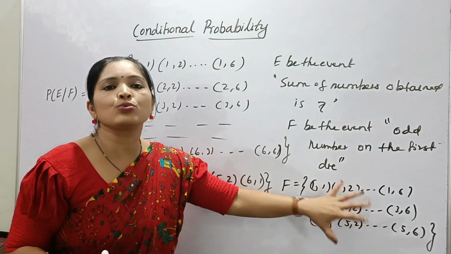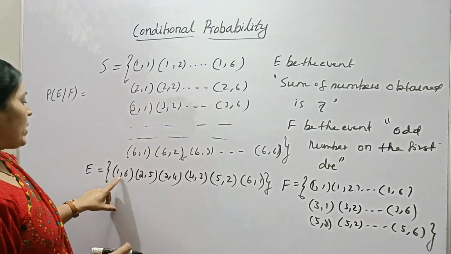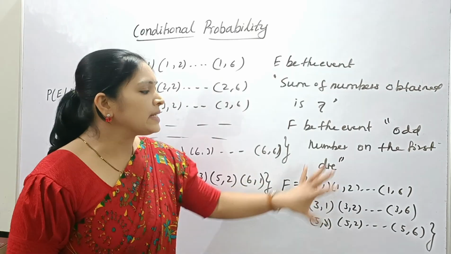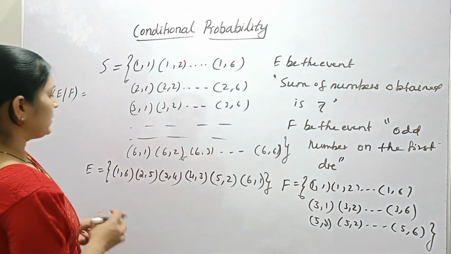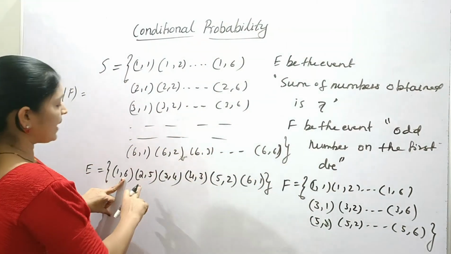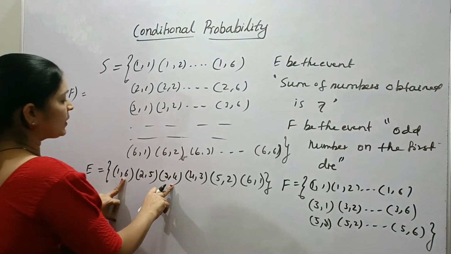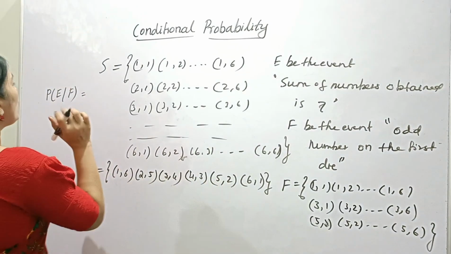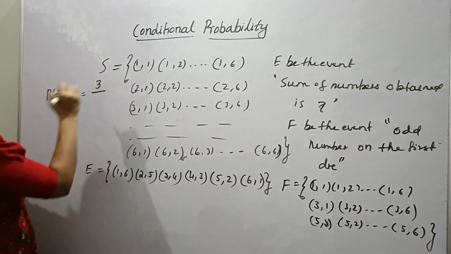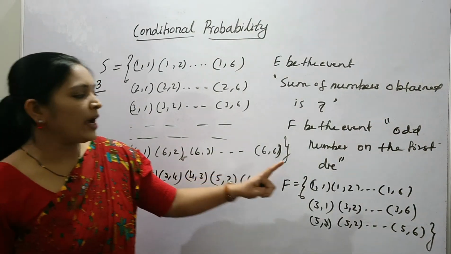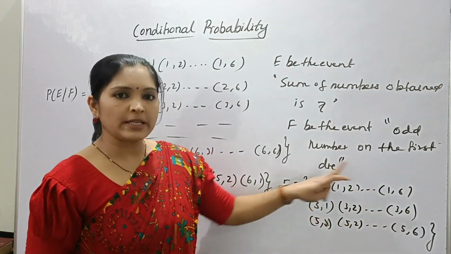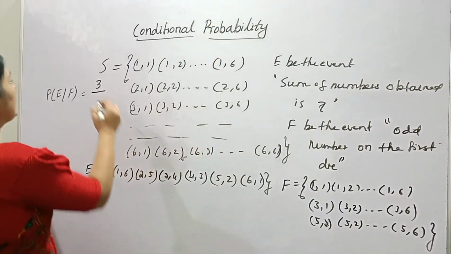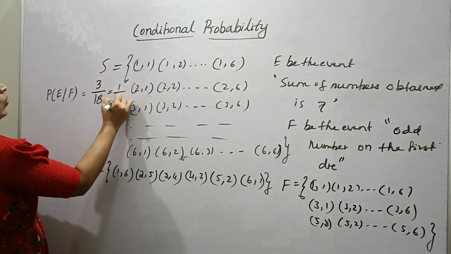From 1 6, 2 5, 3 4, 4 3, 5 2, 6 1, what is the intersection of E and F? That is 1 6; 2 5 is not possible; 3 4 and 5 2. Therefore the number is 3, divided by the number of elements in F, which is 18. So 3 divided by 18, that is 1 by 6.